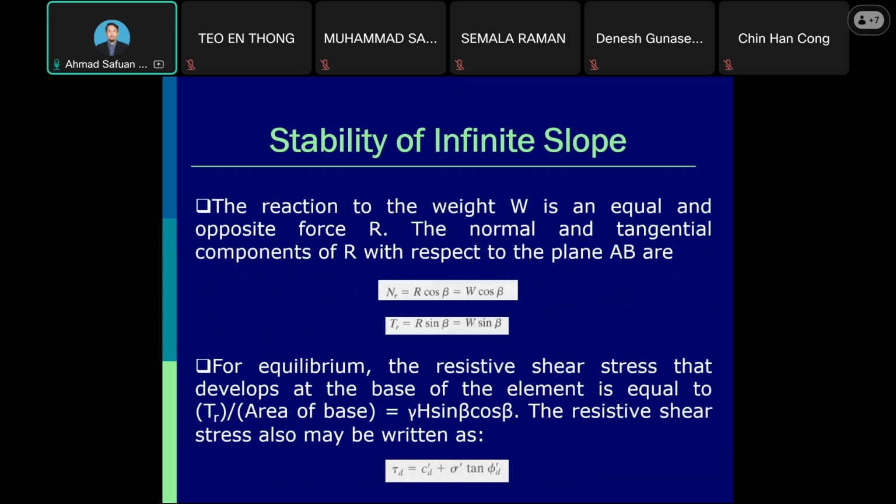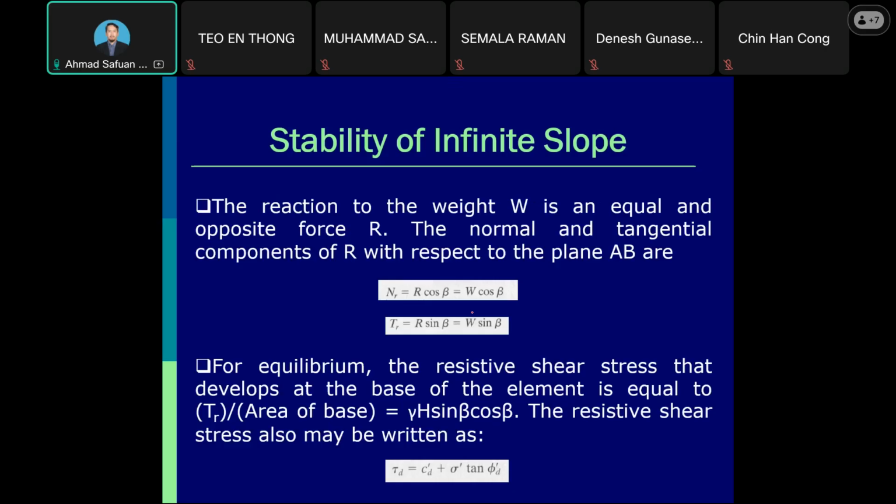So for equilibrium, the resistive shear stress that develops at the base of the element is equal to TR over the base element, gamma H sine beta cos beta.